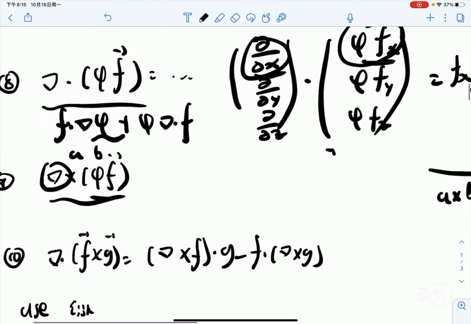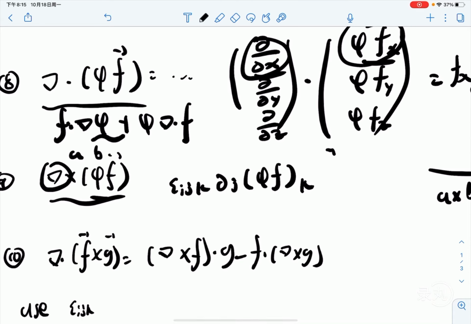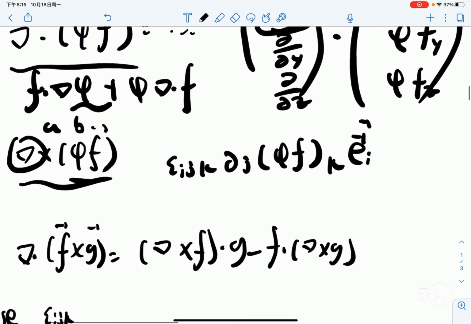This is equal to ijk, J, phi, F, K, EI. So this is equal to ijk.